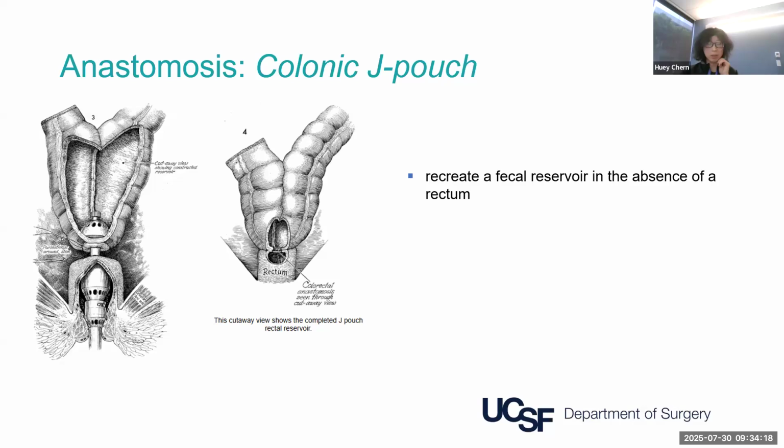Although I think it's probably only effective for the first couple of years, and after that, there's no difference between a colonic J-pouch or just a straight anastomosis. But that just shows that we can form a colonic J-pouch also.